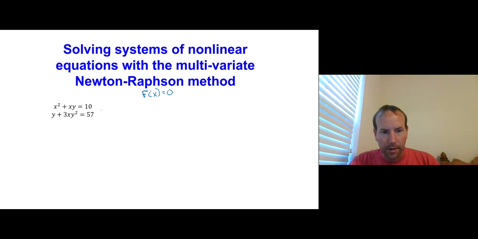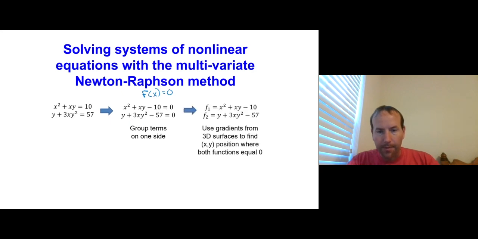Okay, so those are in their original form, and we're going to want to transform them by grouping the terms all on one side, and then we rename these functions f1 and f2 as you see here. Note we went through the same process when dealing with the calcium buffering equations before.